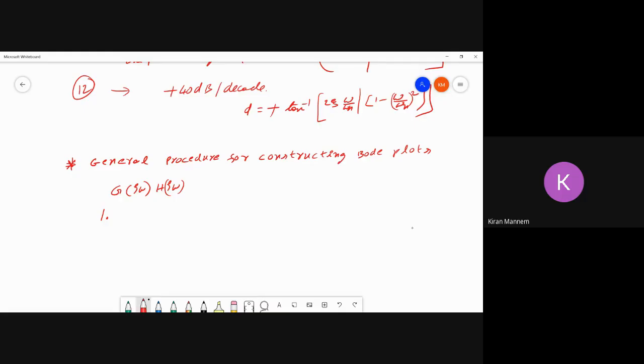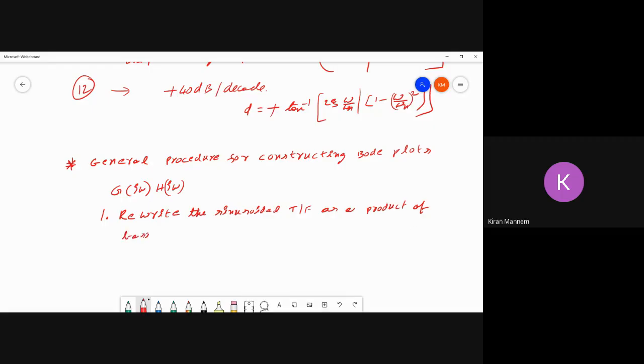So let me write it here. Rewrite the sinusoidal transfer function as a product of basic factors.